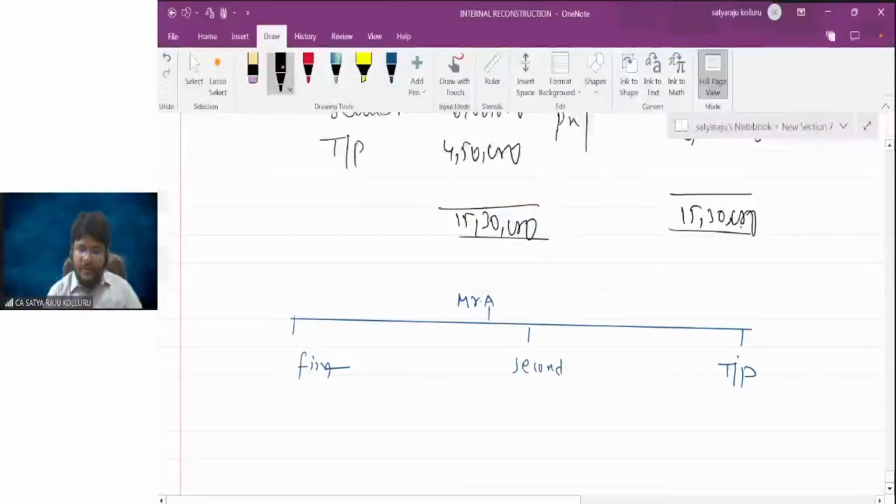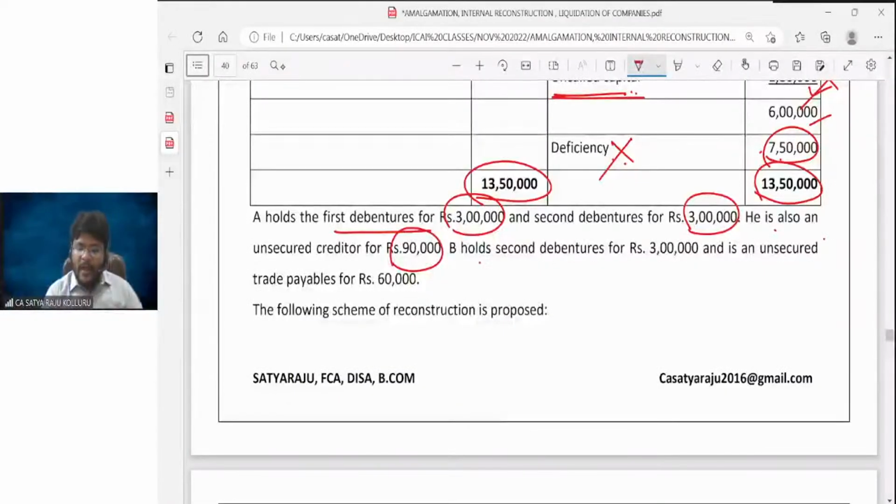First debentures worth 3 lakhs, second debentures worth 3 lakhs, trade payable worth 90,000.